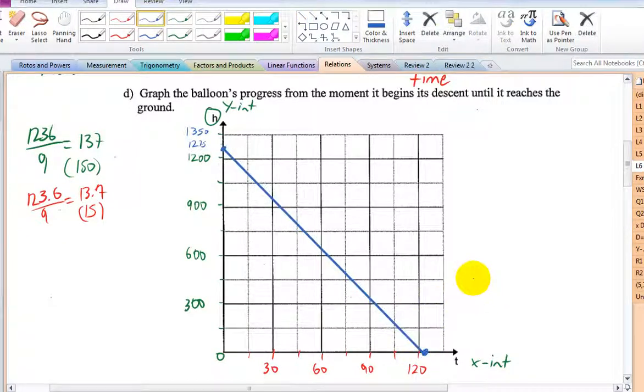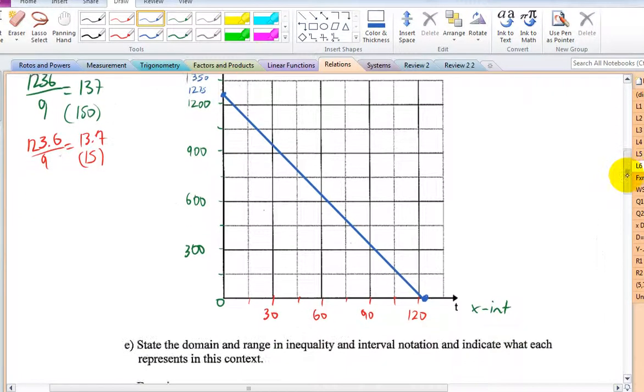There you go. So we didn't need to do an XY table, not for this one. We just need to find our intercepts. Intercepts are really important for graphing. We're going to do a lot of that next unit. Okay? So find your intercepts, graph your line. Good.